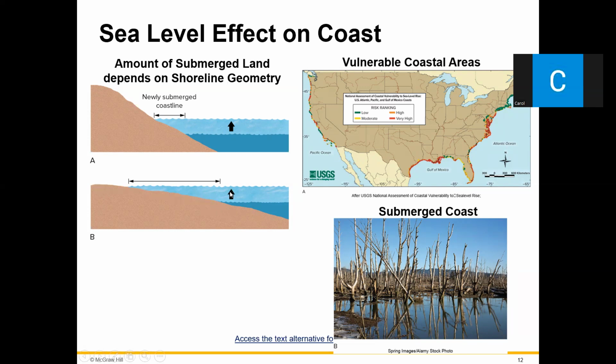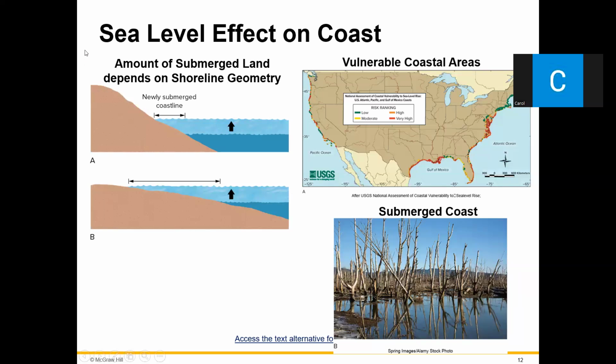So if the water comes up so many feet high, it's going to cover a much larger land area than it is on the West Coast, where things are much steeper. You're only going to cover this much land area, and it's really not going to affect that many people either, because this is like a cliff.